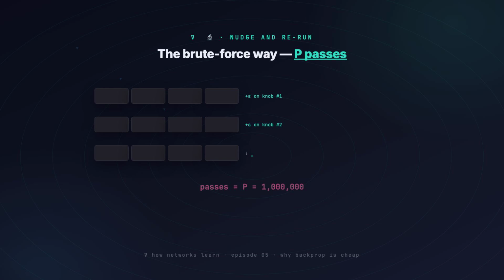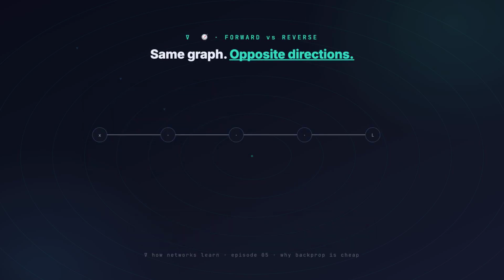The myth people carry is that this is just how derivatives are computed on a computer. It isn't. It's the slowest possible way, and it's only ever used as a unit test, never in the training loop.